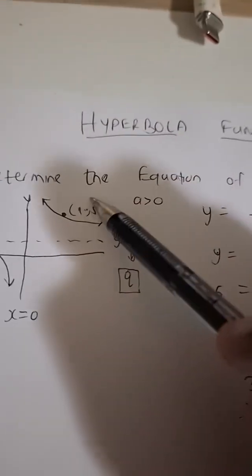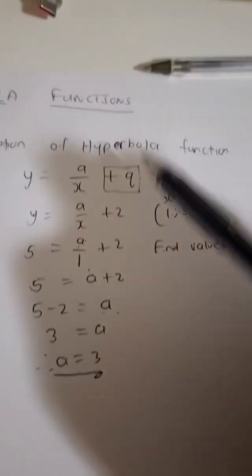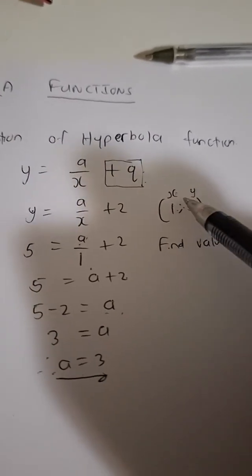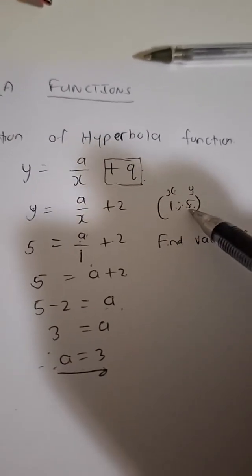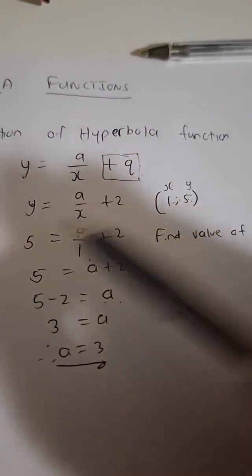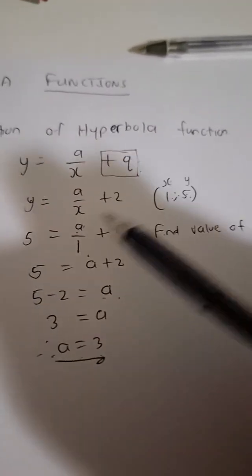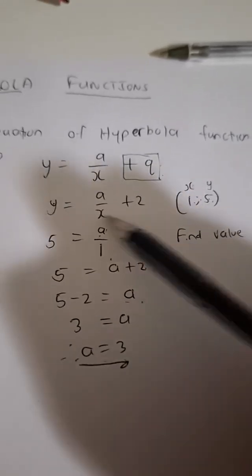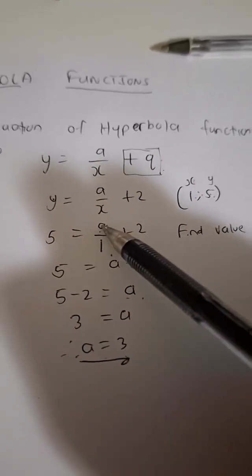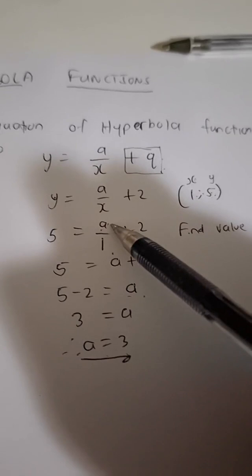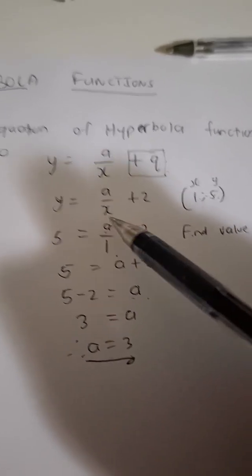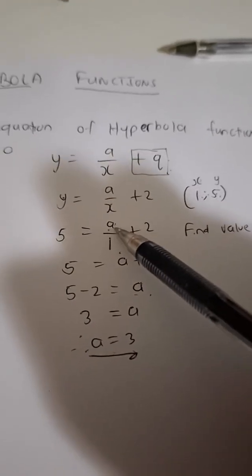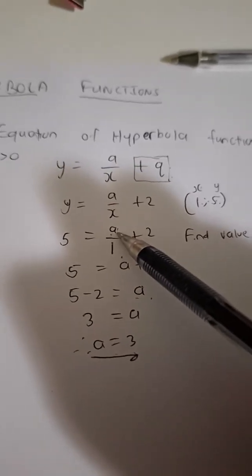And then I use my point, substituting in the place of x and y the x coordinate of the point, 1, and the y coordinate of the point, which is 5. In the place of y, I substitute 5. In the place of x, I substitute 1. Then this gives me an opportunity now to see that my a value, I do not know what it is. It is my unknown, and I can solve for it. So let's go ahead and solve for it.